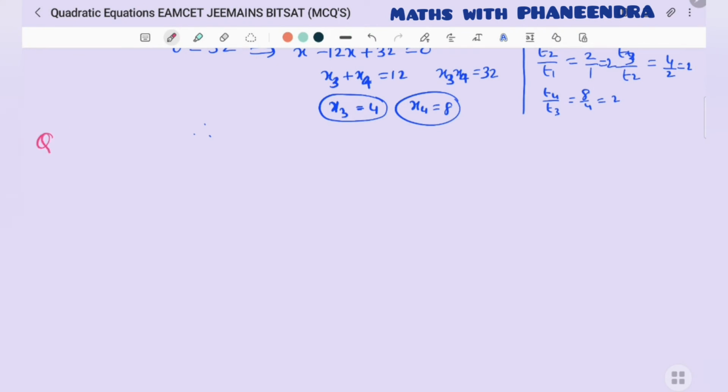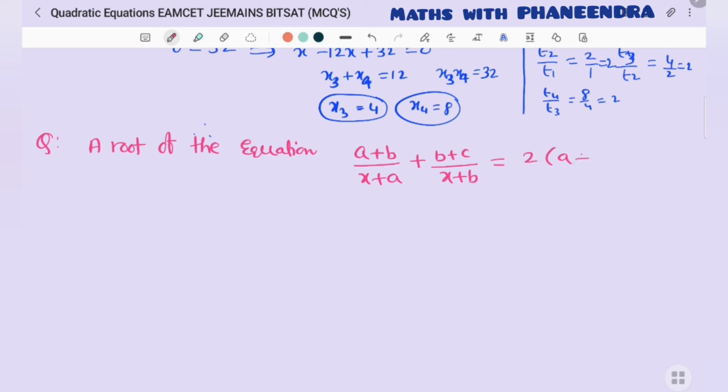So the next question: a root of the equation, which means a quadratic equation, (a plus b) divided by (x plus a), plus (a plus b plus c) divided by (x plus b), is equal to 2 into (a plus b plus c) divided by (x plus a plus b).